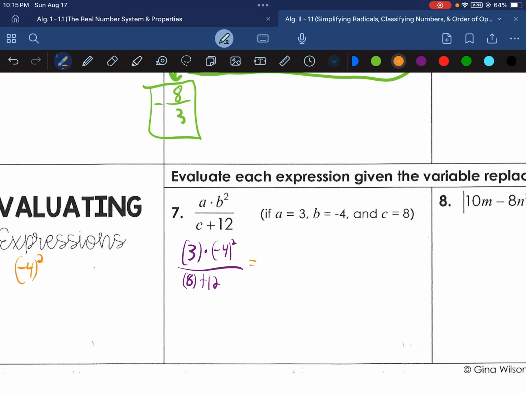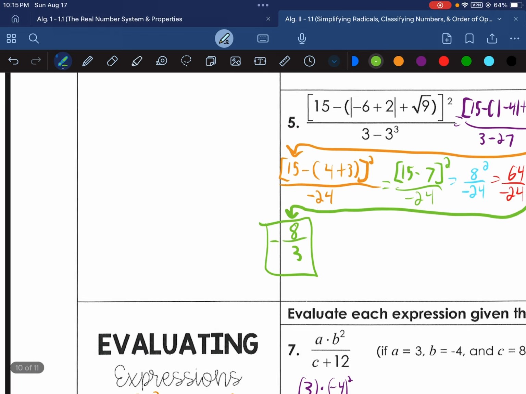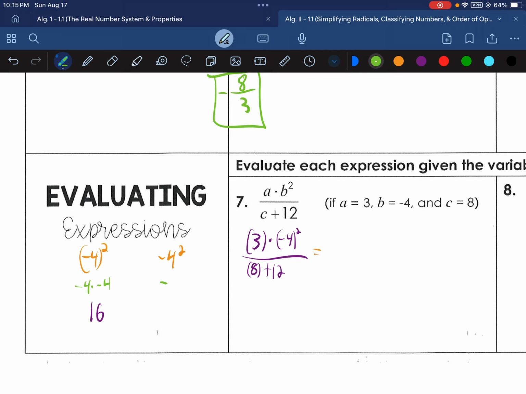Let me quickly note this difference. There's a difference between negative 4 in parentheses squared and negative 4 being squared without parentheses. The first one tells us we're doing negative 4 times negative 4, which would result in 16. The second one just tells us we're doing 4 times 4 and making the result negative.